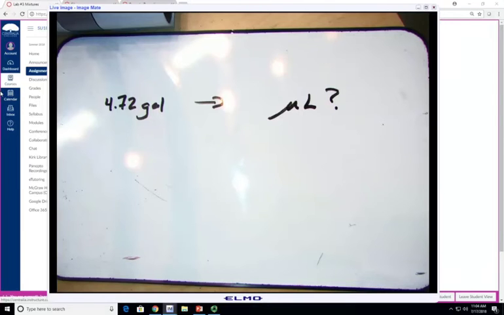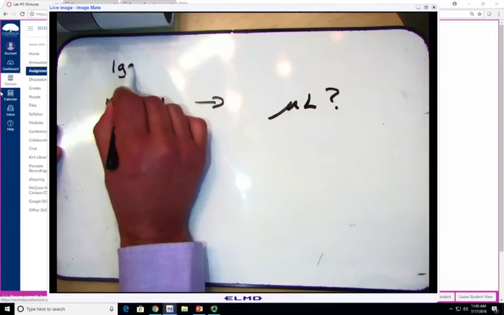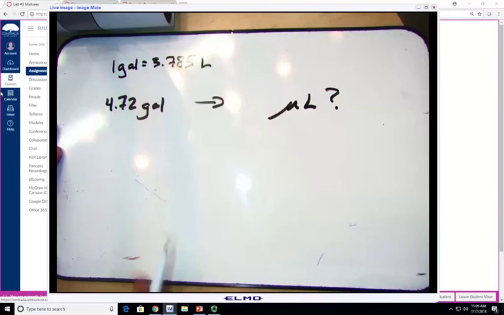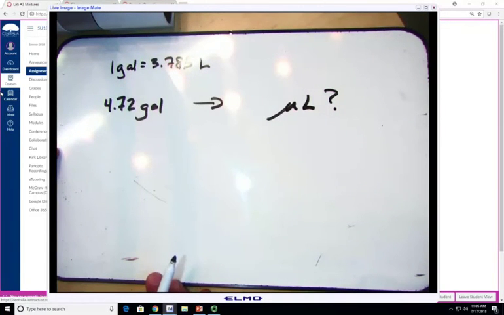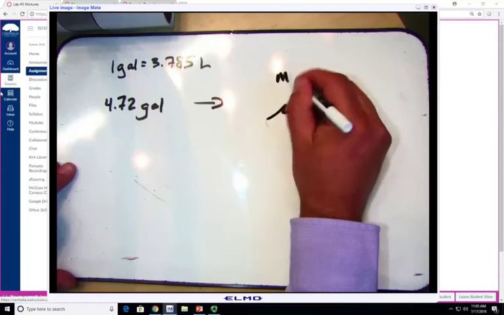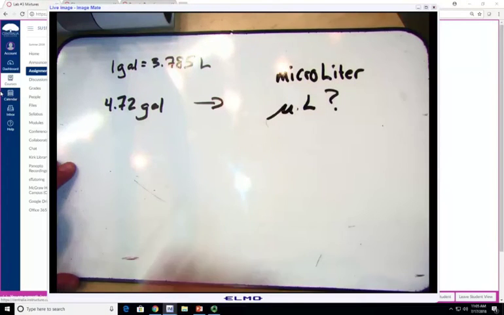I'll give you the gallon to liter conversion, and that is 1 gallon equals 3.785 liters. So that's the only English to metric conversion you need. Everything else are prefixes. So let's see how you do. This is microliters.